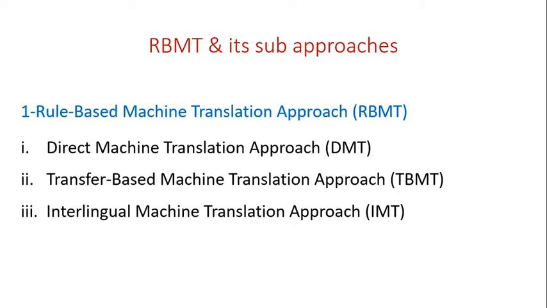So in these abbreviated forms, MT is machine translation, and then RB and TB, and then I, which is direct machine translation, transfer-based machine translation, and then Interlingua or interlingual machine translation approach.